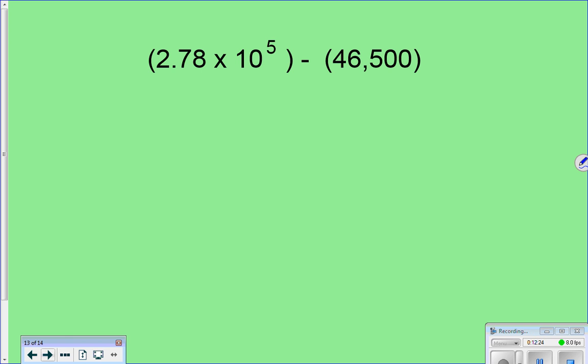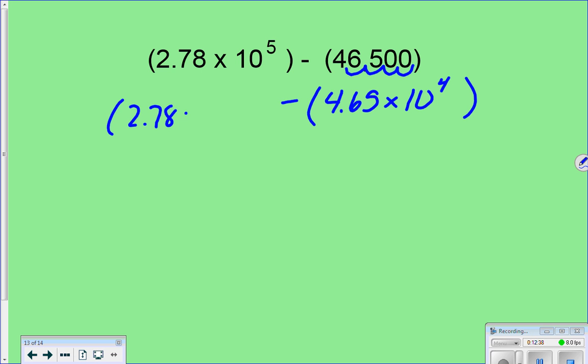Should have been 4.65 times 10 to the 4th. 1, 2, 3, 4. Did you have to rewrite this one in the end, or did it come out good? Came out really good? Nice.